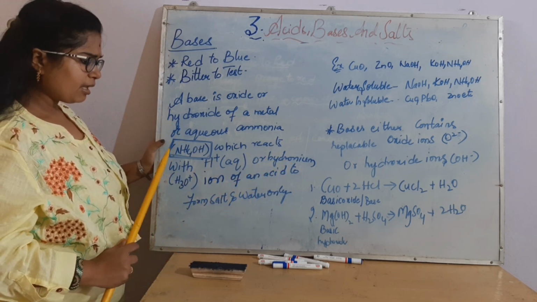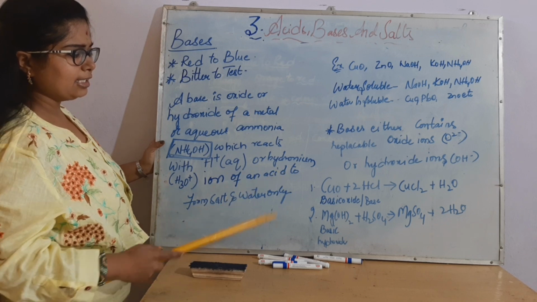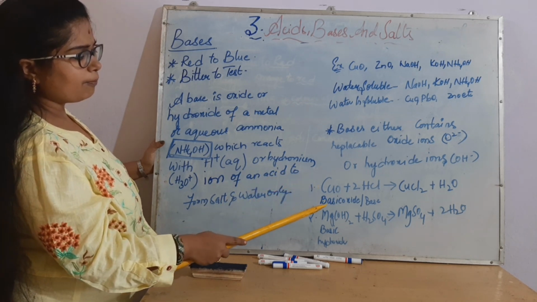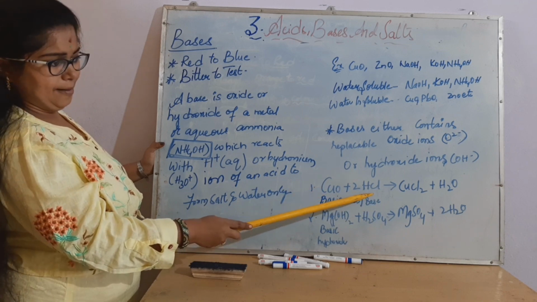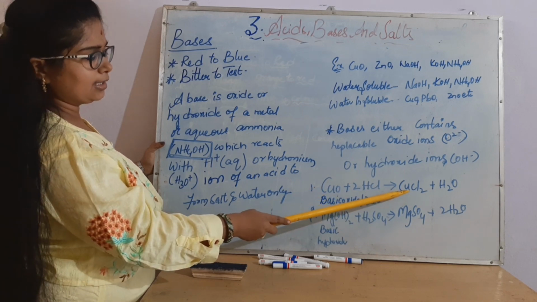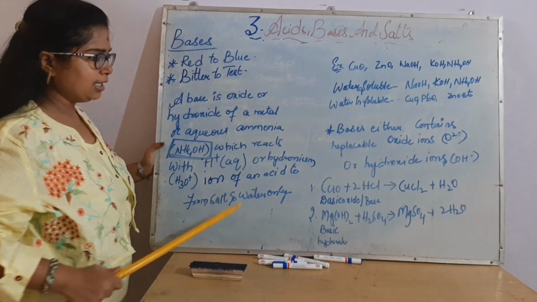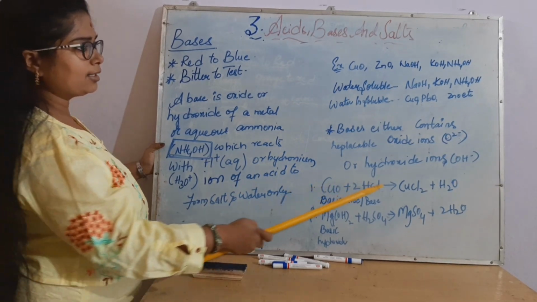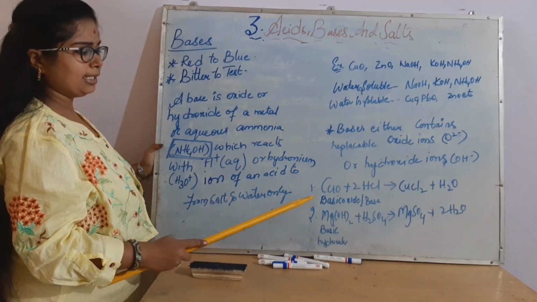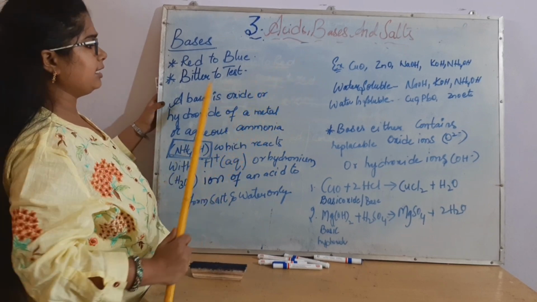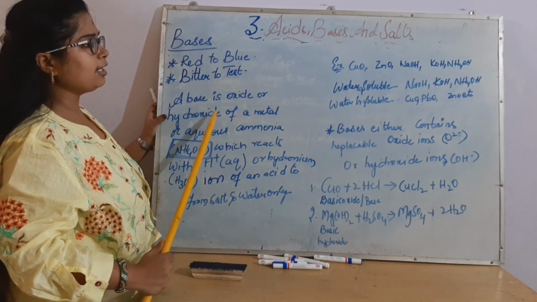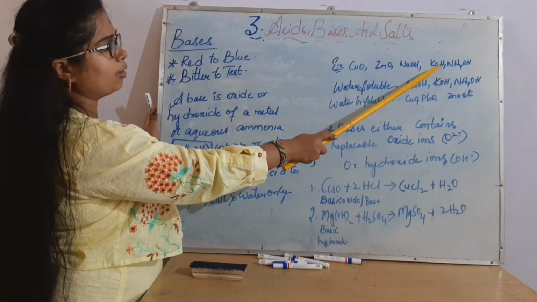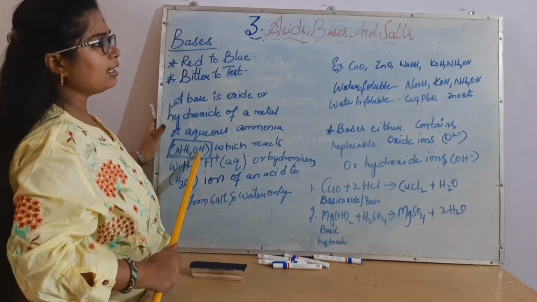When a basic oxide like CuO is reacted with acid, it gives salt plus water only. So oxides like CuO, ZnO, or hydroxides of a metal like NaOH, KOH.